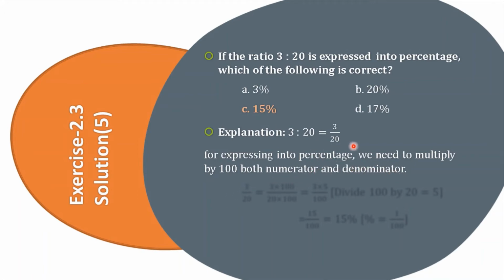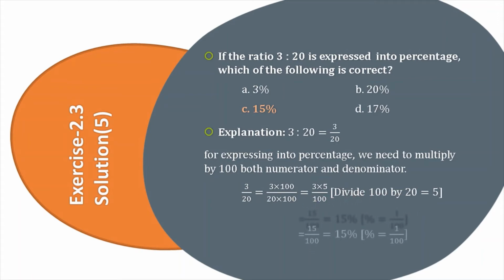So this is the process of expressing into percentage. 3 divided by 20 equals to 3 multiplied by 100 divided by 20 multiplied by 100 equals to 3 multiplied by 5, because if we reduce 100 by 20 we get 5, divided by 100. So we get 15 by 100, and for this 100 we can write down the percentage sign. As you know, percentage equal to 1 divided by 100. So this is our desired answer, 15%.